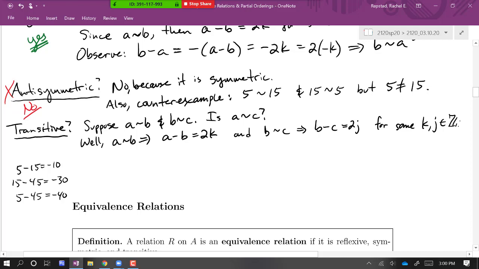What is it that we want to look at to determine if A is related to C? A minus C. So we're going to do some algebra. I'm going to use one of the oldest tricks in mathematics: I'm going to add 0 to that expression, which we're totally allowed to do. I'm going to add 0 in the form of subtracting B and then adding B. I'm doing that because now I can group it.